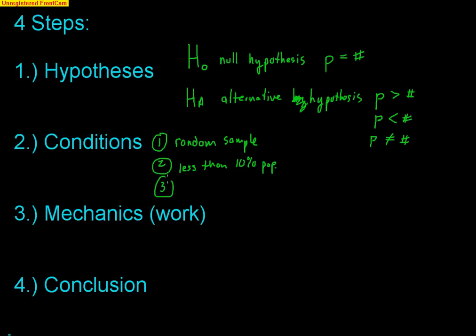And the third condition is that we must have a big enough sample. And remember, big enough is 10 or more successes and 10 or more failures. We need those conditions because we want to use the normal model. Obviously, we're working with sampling distributions, sample sizes, and proportions, and the normal model is going to come into play here. In order to use the normal model, we need those conditions to be true.